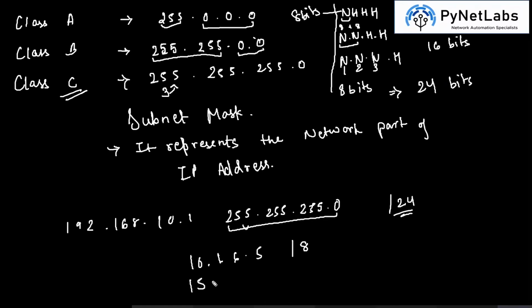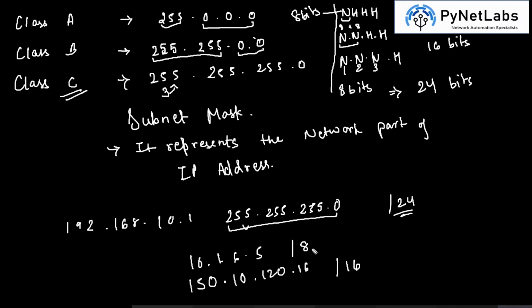And similarly, if we have IP address 150.10.120.616, then we will write /16 for that. So these are the default network parts. There is something known as subnetting, where we make changes in these network and host parts, which we will learn in coming days.